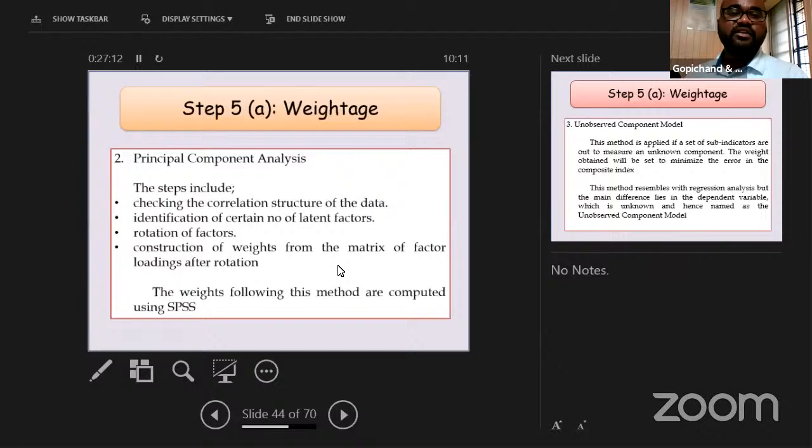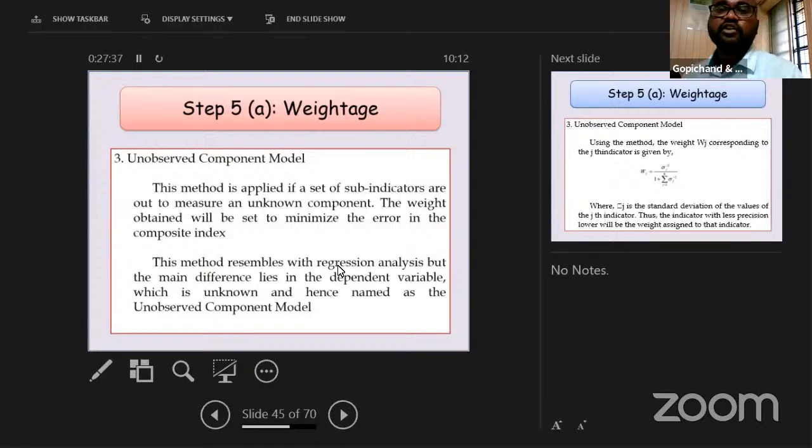After the rotation, we have to construct the weights. If you input the data in SPSS, the software will automatically do this. But understanding this process is very important. Without understanding how this process works, we can't go with simple outputs.